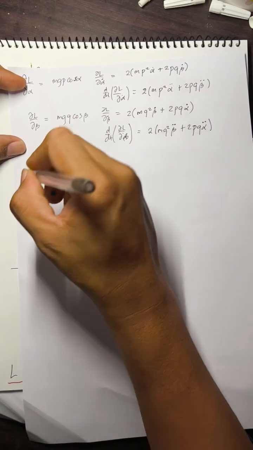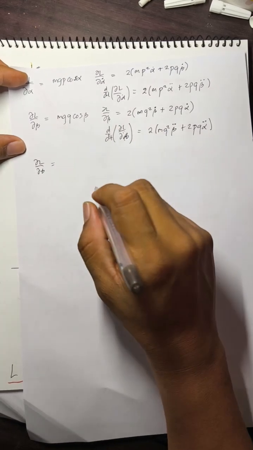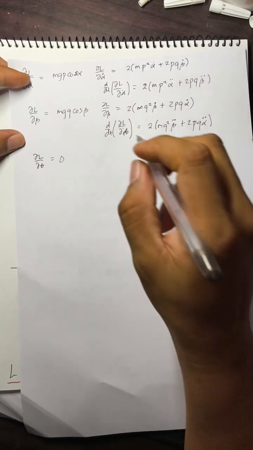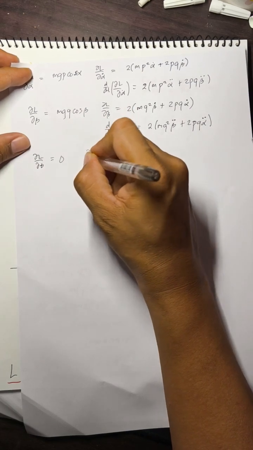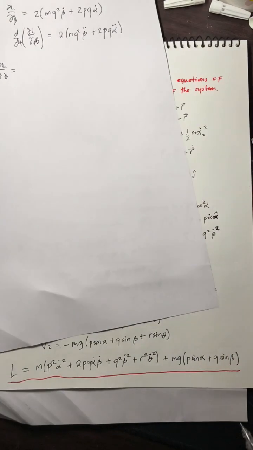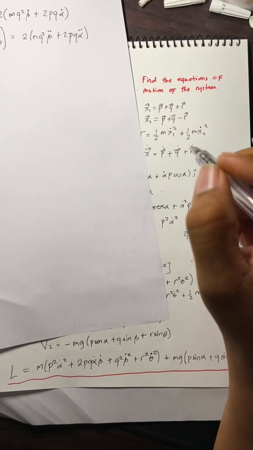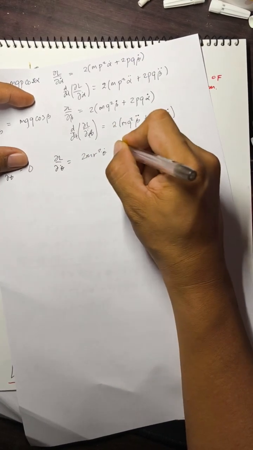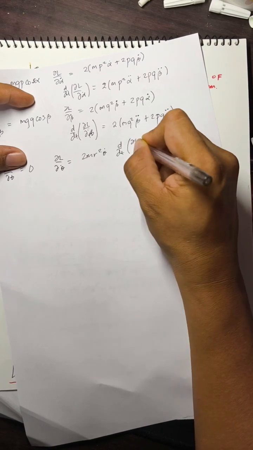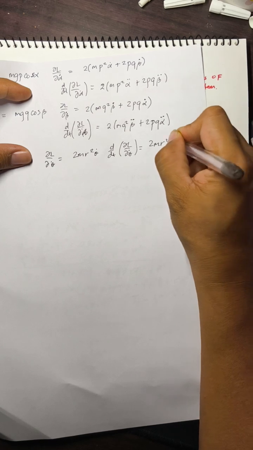And finally, for partial L over partial theta, that would be equal to 0, and partial L over partial theta dot would give us 2mr squared theta dot. So d over dt of partial L over partial theta dot would give us 2mr squared theta double dot.